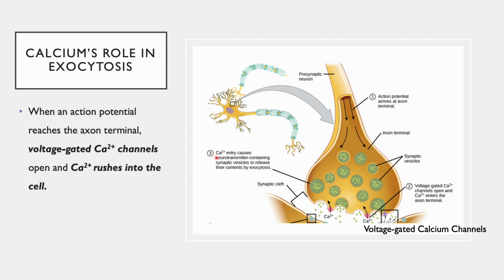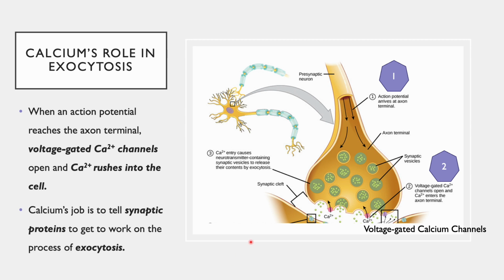And calcium entry is going to cause neurotransmitters in these synaptic vesicles to be released. When neurotransmitters are released down into the synaptic cleft, this is playing an important role in synaptic transmission, specifically chemical synaptic transmission.